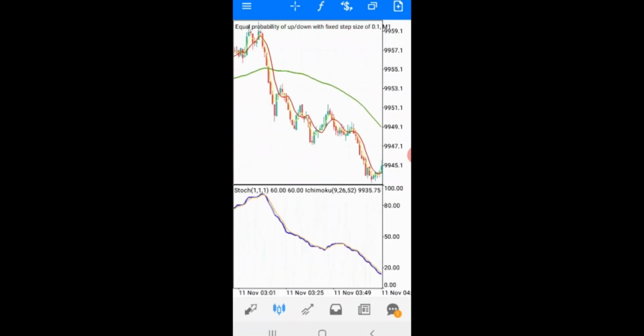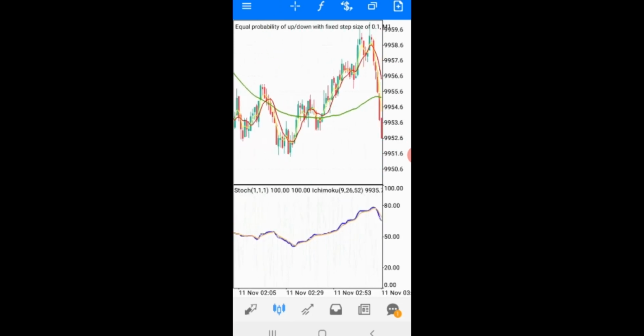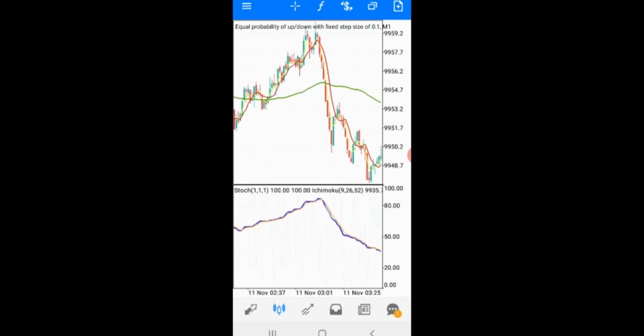Let's take this. This is how to use this strategy. First of all, there are some criteria that need to be met. When this green moving average crosses over this red moving average, it indicates a sell, but it is not yet a confirmed sell. It indicates a sell is about to take place.